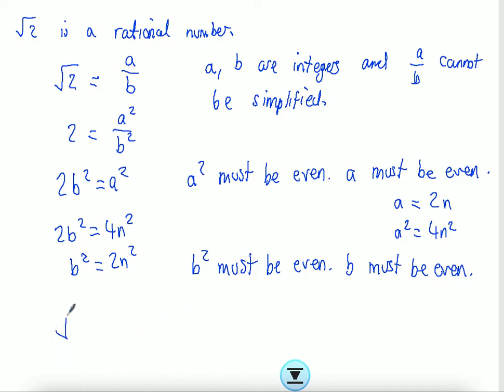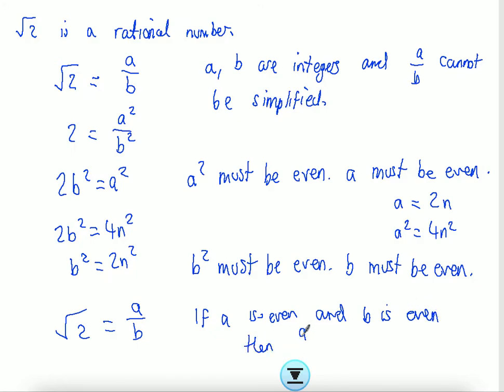So, going back to our original statement, if a is even and b is even, then a over b is not simplified.